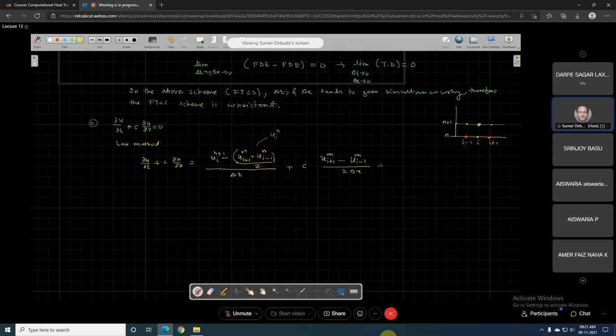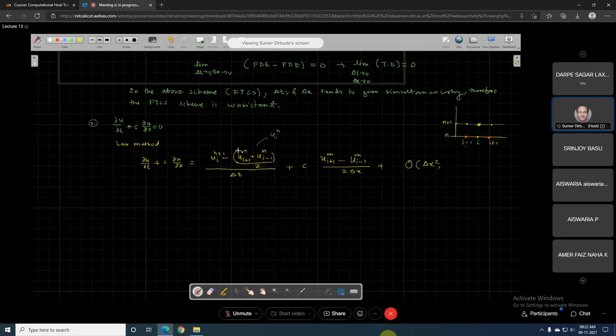And now here, since this is a discrete expression, from Taylor series we know that these terms will have some order of accuracy. So the first term is a second order expression. So we are likely to get delta x square accuracy, isn't it? This is a central difference, so we will get delta x square.